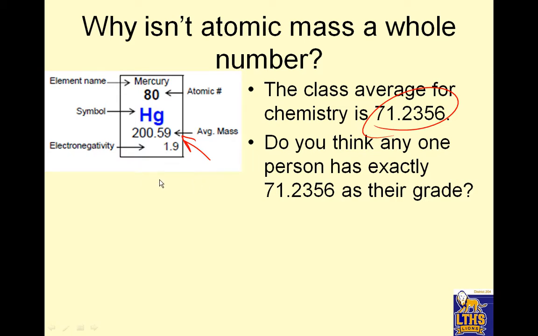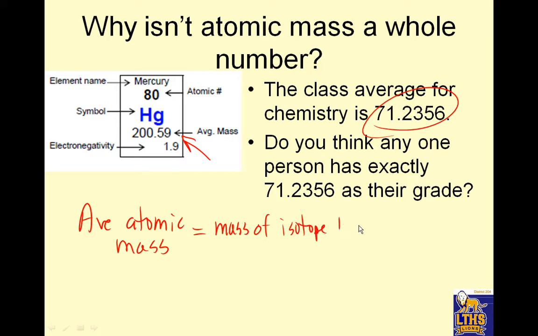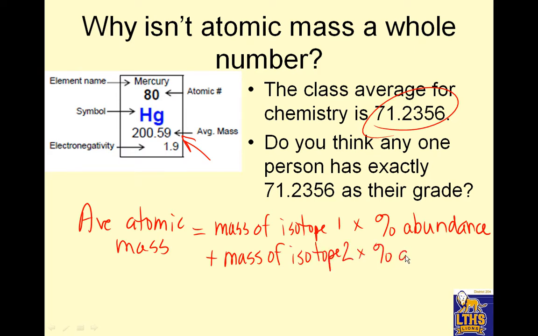Okay, so what we do for isotopes, so average atomic mass, you have to take the mass of each isotope, so I would say mass of isotope 1, and you have to multiply by how abundant it is, percent abundance, because we want the isotope of oxygen that's the most common to add in most to the weight.